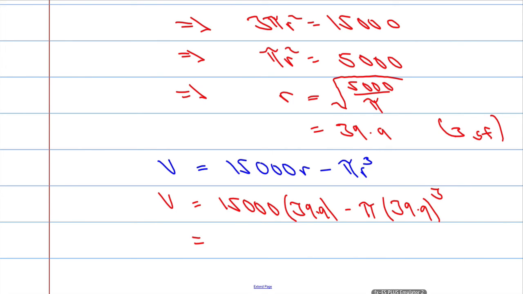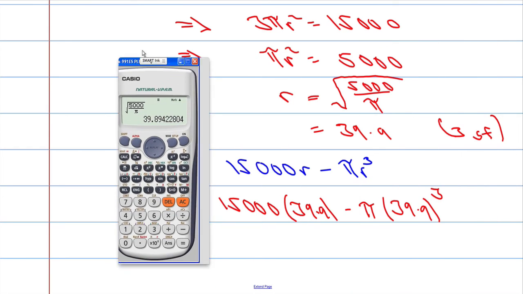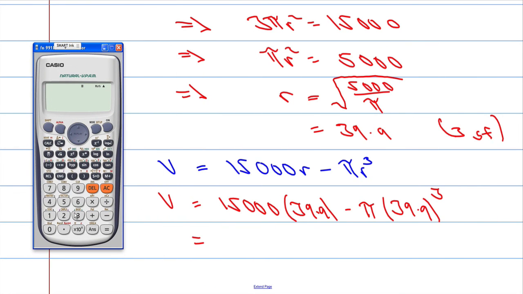So out with the calculator. 15,000 times 39.9 minus pi times 39.9 cubed.